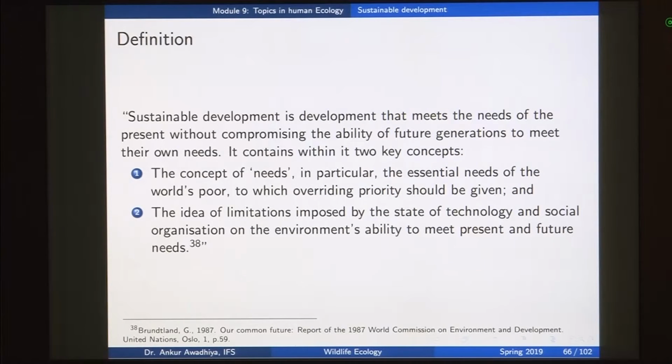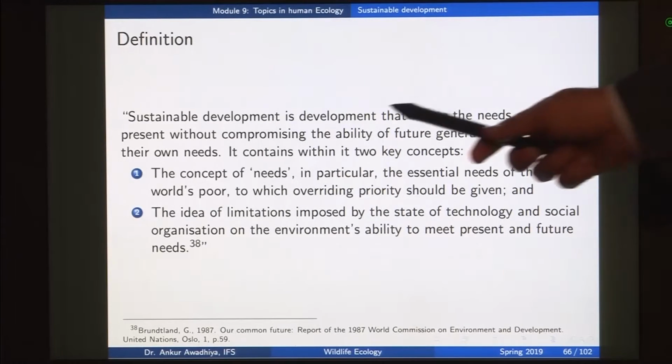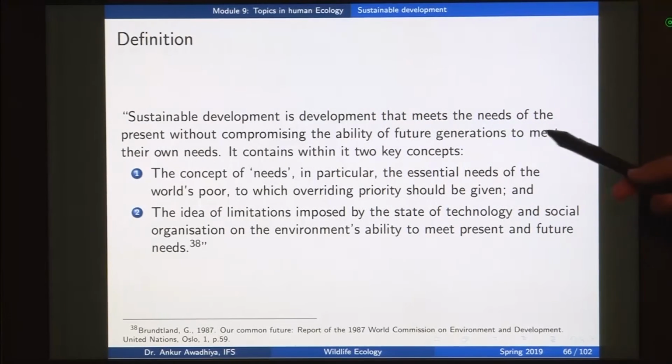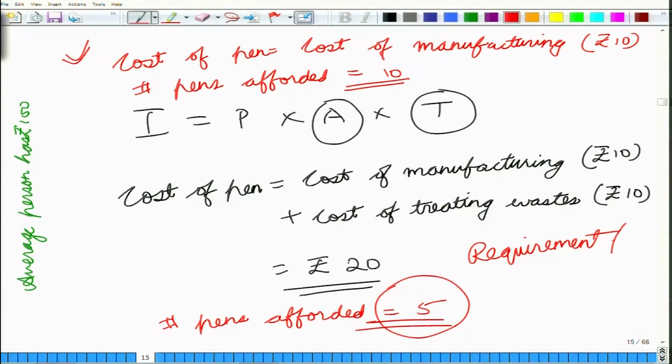So, essentially what you want is a development such that you are able to meet the needs of the present. Suppose in your current generation you require say 6 pens, and if you devote 10 rupees into treating the waste, and you devote everything into the future generations, you are only able to get 5 pens.